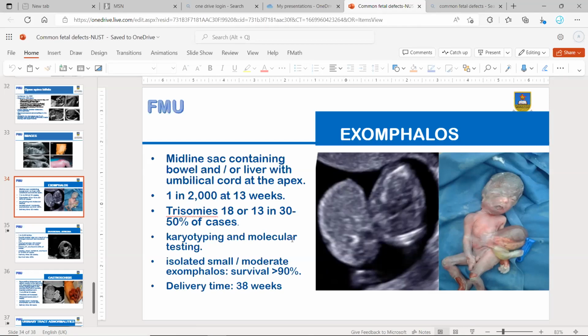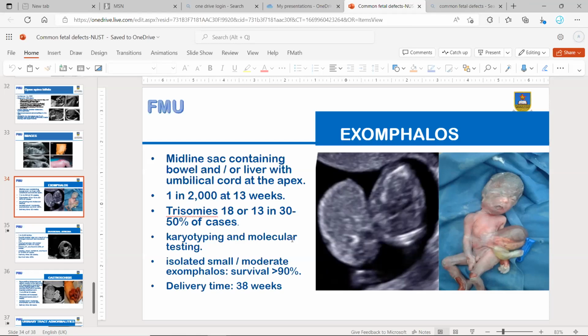In isolated small cases where the liver is not involved, the survival is very good for exomphalos. When we say isolated, remember, we are saying we've ruled out other defects like cardiac defects, and we've also ruled out chromosomal defects like trisomy 18, 13, or even Down's syndrome.